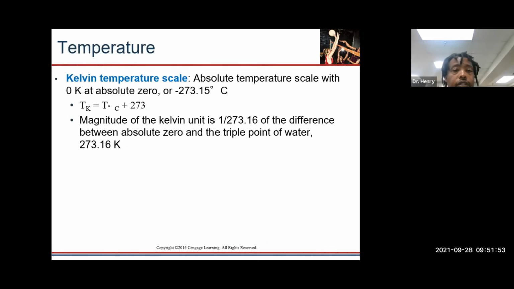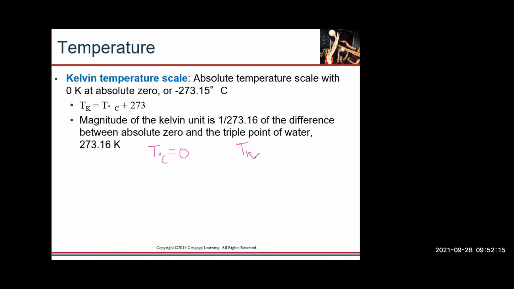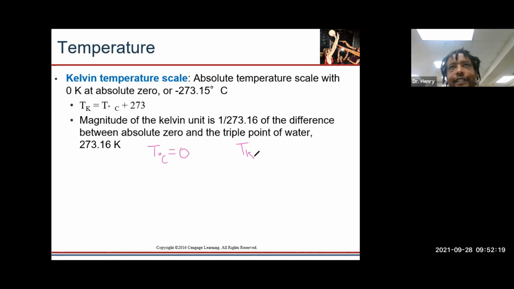Okay, so now let's use this equation. If we have 0 degrees Celsius, so TC equals 0, what is our temperature in Kelvin? So what is TK? 273.15, that's right.